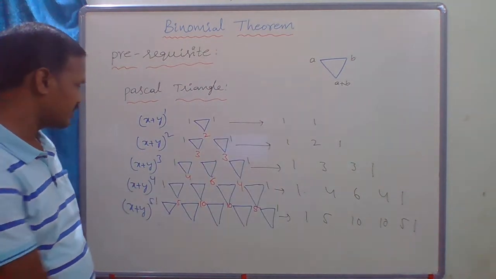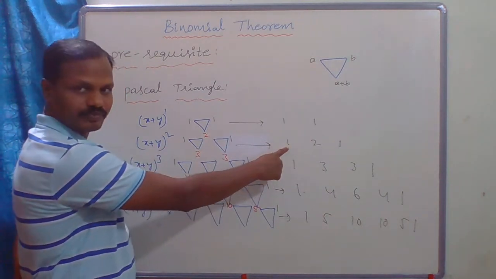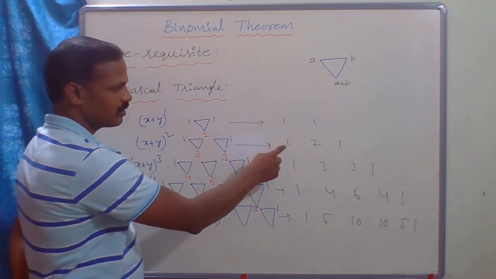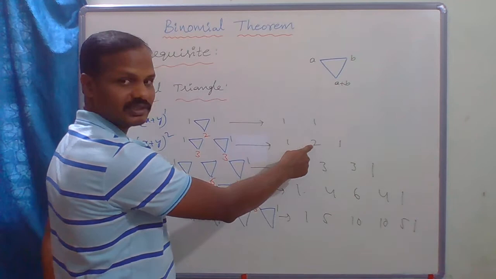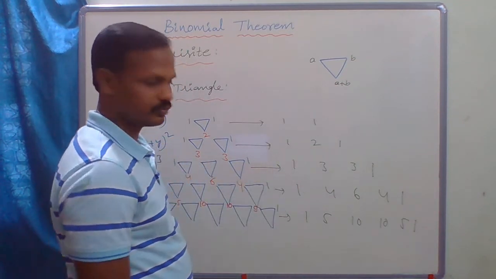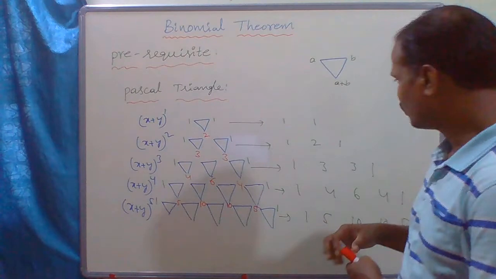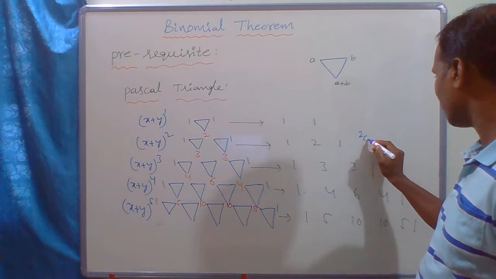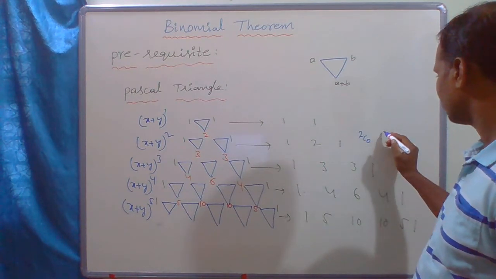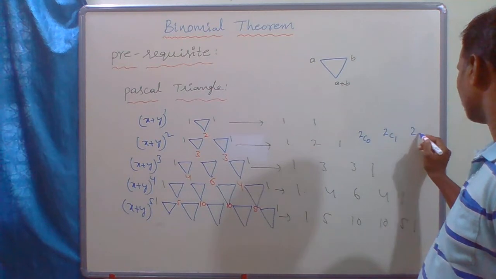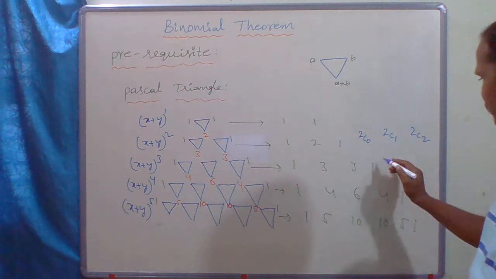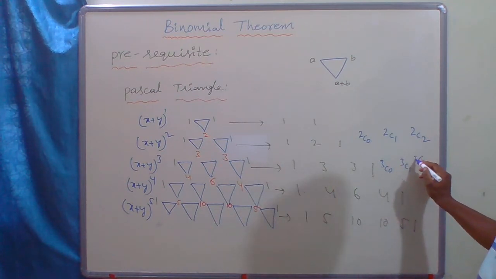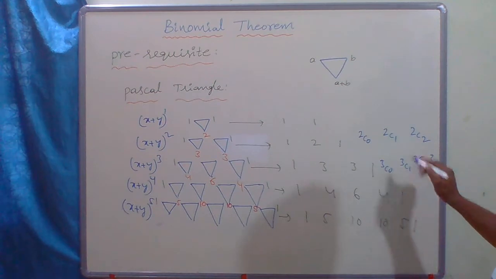So here first is nC0. For power 2, we write 2C0, 2C1, 2C2. Next this is 3C0, 3C1, 3C2, 3C3, and so on.